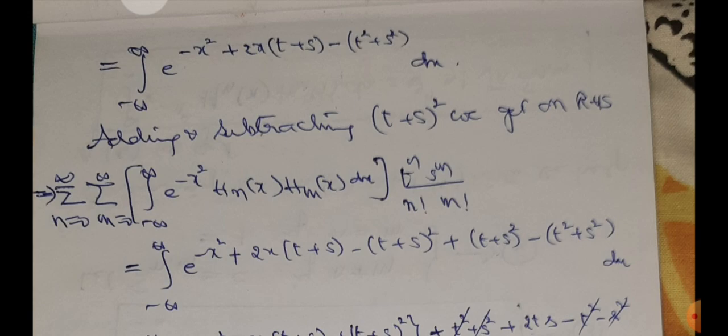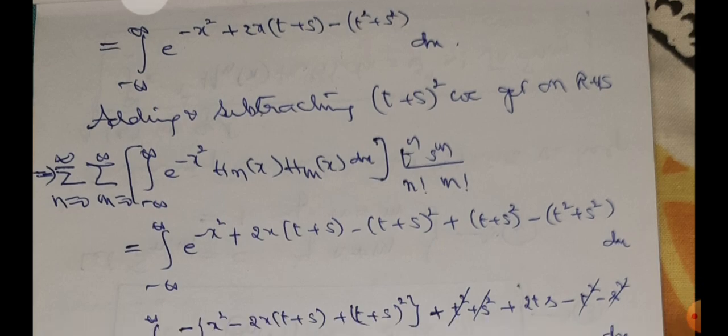That is nothing but the integral from minus infinity to plus infinity of e power minus x square plus 2x into t plus s minus of t plus s whole square plus t plus s whole square, the original term, minus of t square plus s square dx.